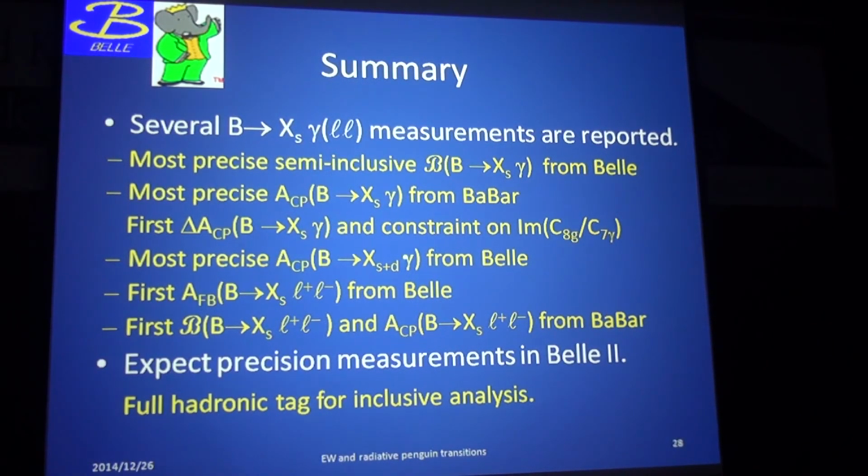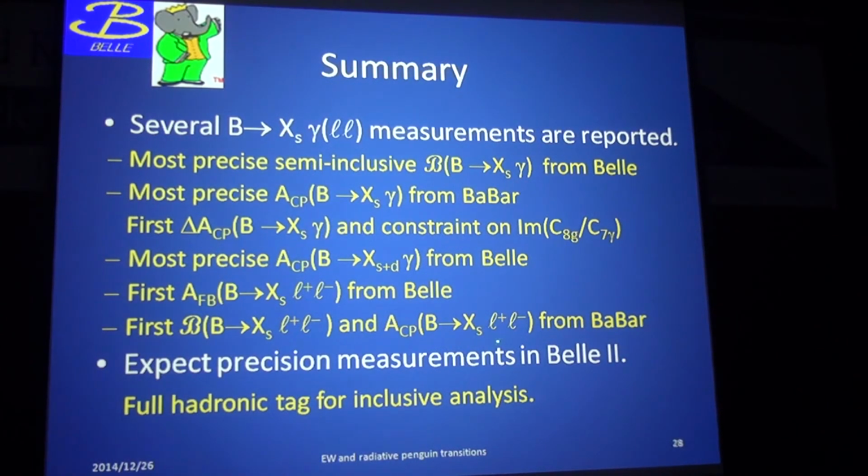And Belle just reported the first measurement of the CP asymmetry for B to XS plus D gamma. No strong indication of new physics yet. Belle also reported the first inclusive measurement on the B to XS LL results. And finally, BaBar reported B to XS LL, the branching fraction measurement on semi-inclusive B to XS LL, and the CP asymmetry results.